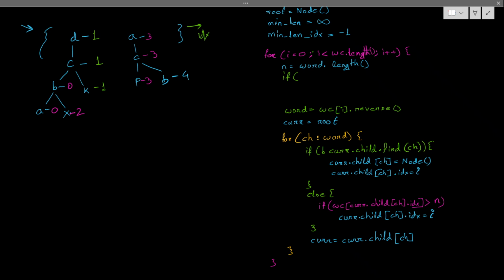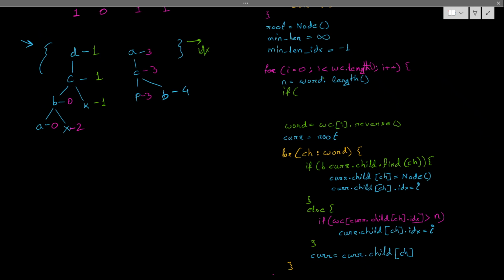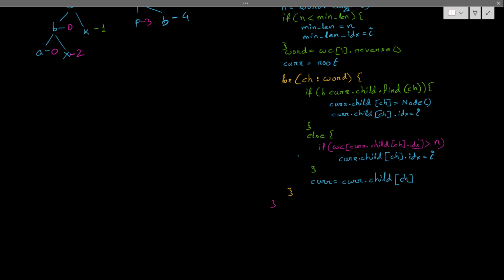The initial min length is kind of infinity, that's why it is infinity currently. So what if n is less than my current minimum length? If that is the case, I will update. My current minimum length will be my n, and the min length index will be my current index I. And at the very end, I will simply assign that root has some index.